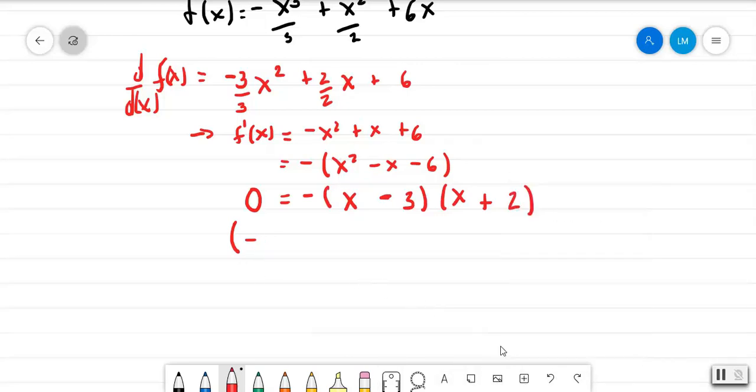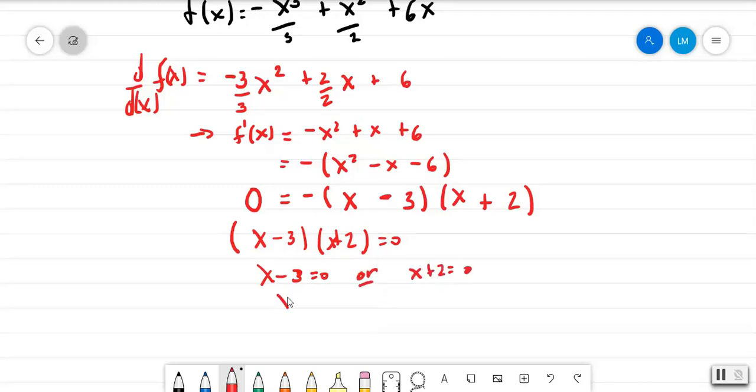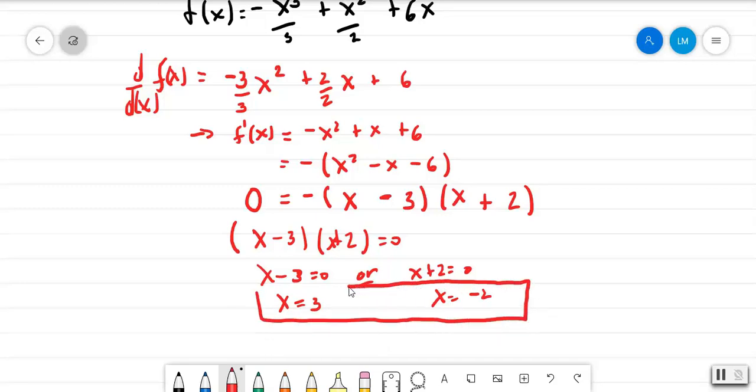We have x minus 3 and x plus 2 equal to 0. So x minus 3 is equal to 0, or x plus 2 is equal to 0, which means you have x equals 3 and x equals negative 2. So the horizontal tangents are right here at x equals negative 2 and x equals 3.